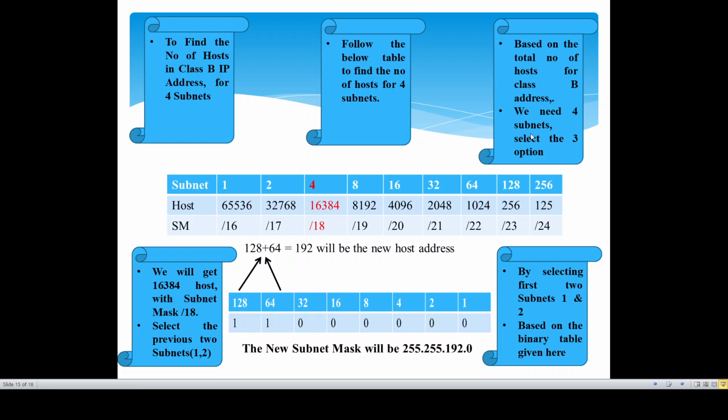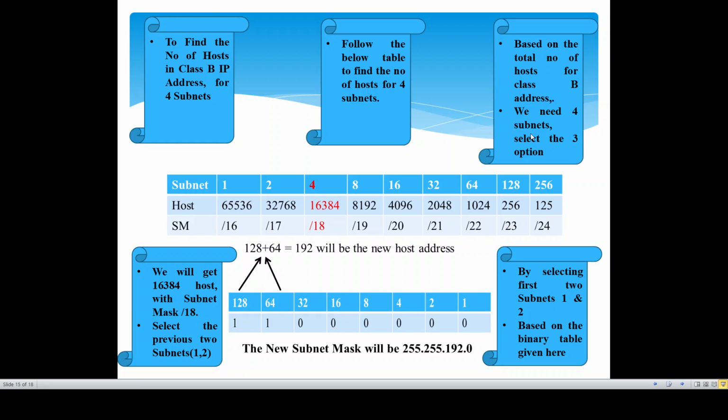Before that we need to find the subnet mask for the given IP address. Before subnet 4 we will be having two subnets. So think about it by selecting subnets 1 and 2 based on the table given. That will become another table: 128 plus 64 plus 32.